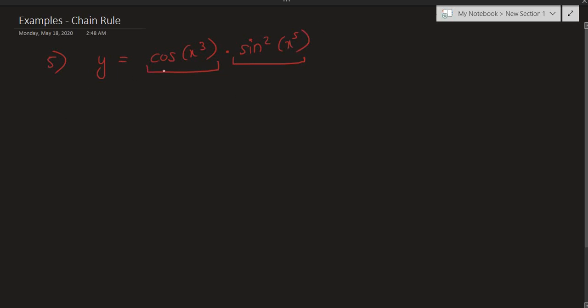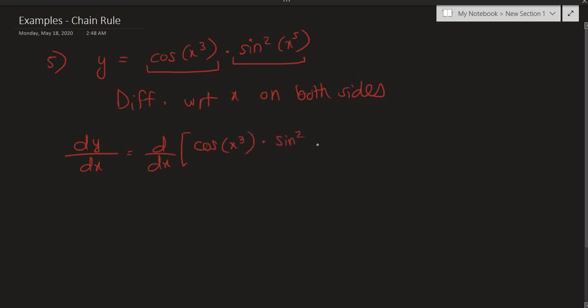So as I said, let's look at each of the functions stepwise and use the rules of differentiation dynamically as and when they're needed, as and when they appear. So differentiating with respect to x on both sides, we obtain dy over dx is nothing but the derivative of the cosine of x cubed times the sine squared of x to the fifth power.